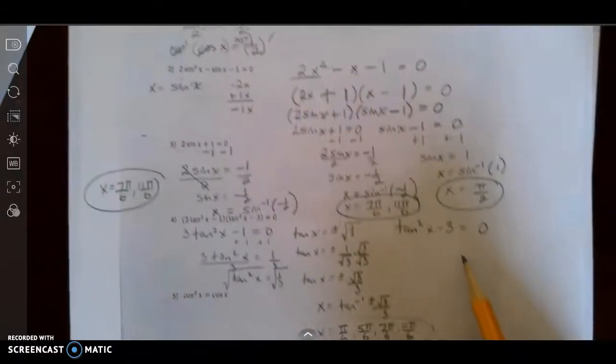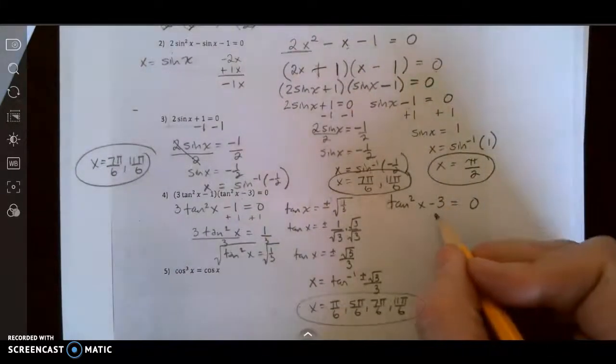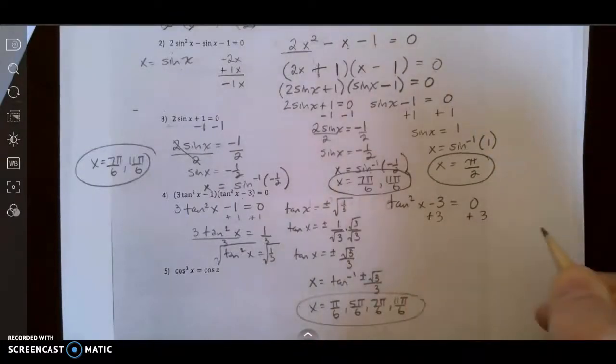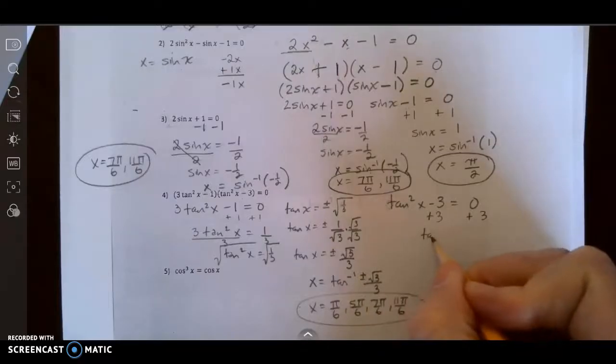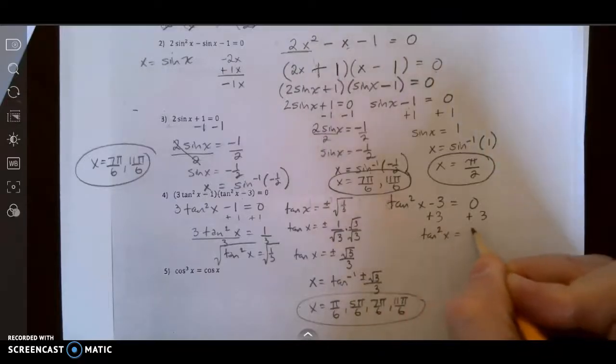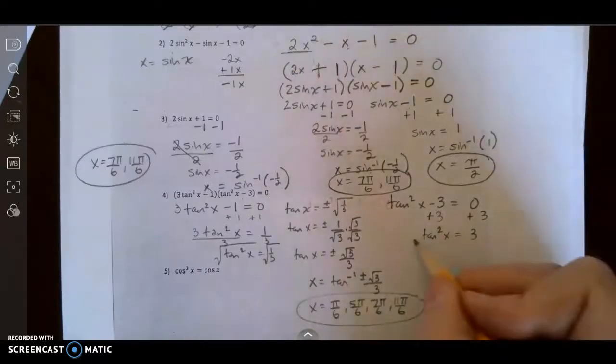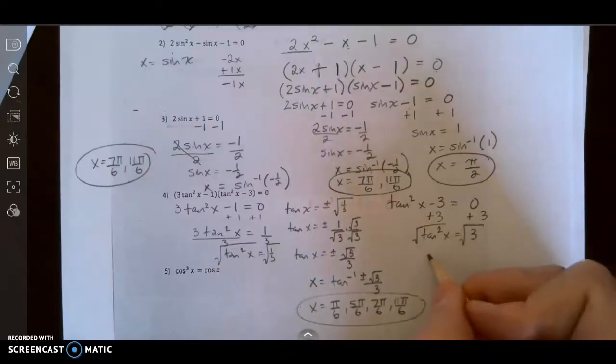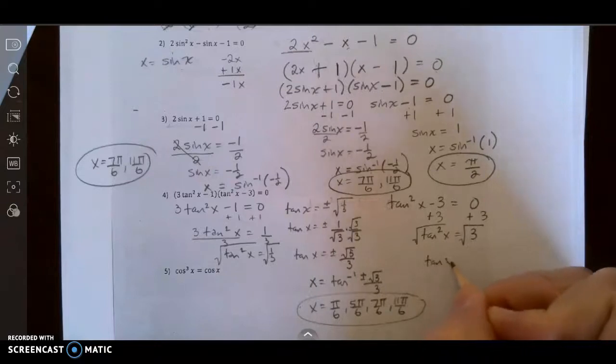For the second factor, I'm going to add 3 to each side. And I get that the tangent squared of x equals 3. I take the square root, and I get tangent of x equals plus or minus.